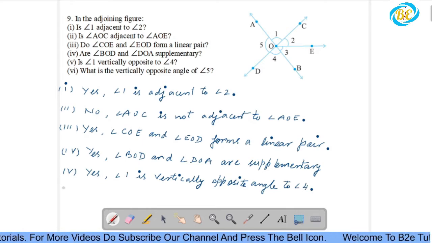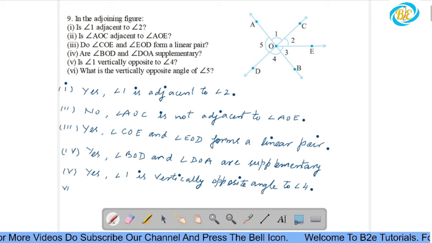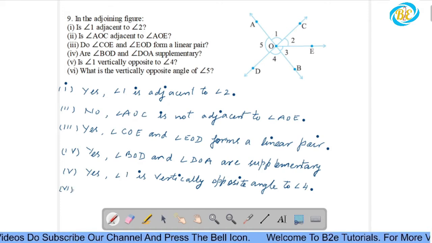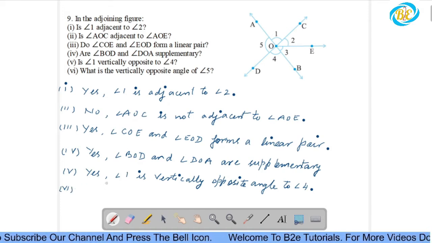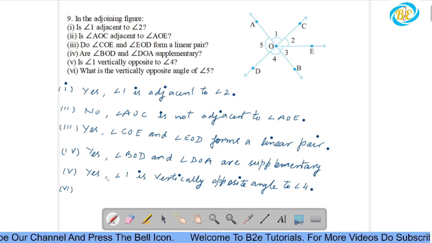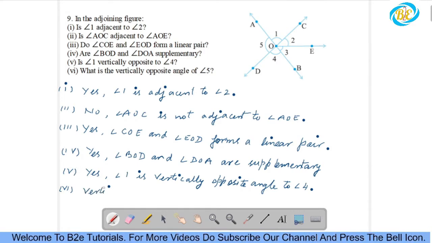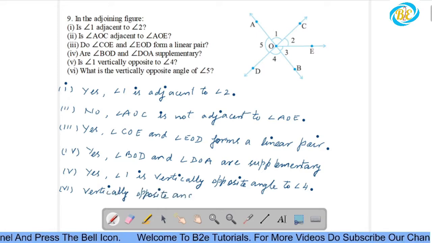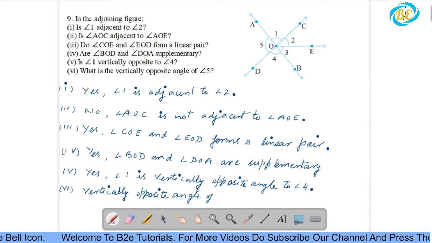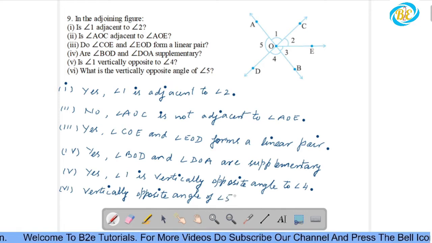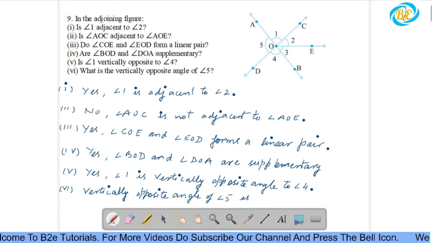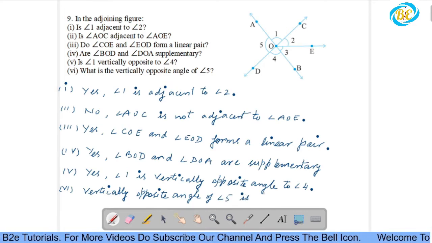Now come to sixth. What is the vertically opposite angle of angle 5? Vertically opposite angle of angle 5 is angle BOC.